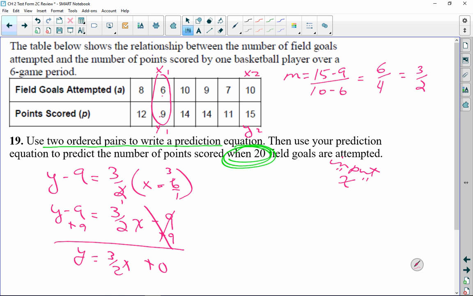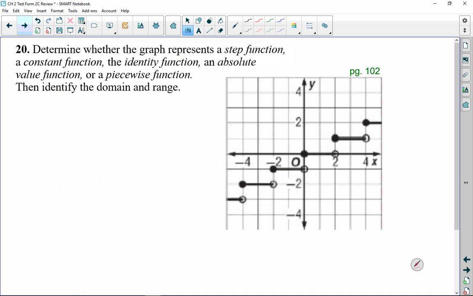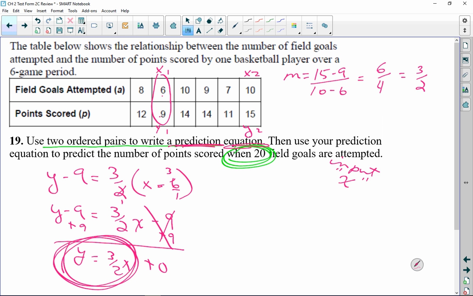Okay, so now I'm going to take this part. That is my prediction equation that I'm going to use to answer number 20. So now y equals 3/2, and instead of writing x, what am I going to put? 20, right?